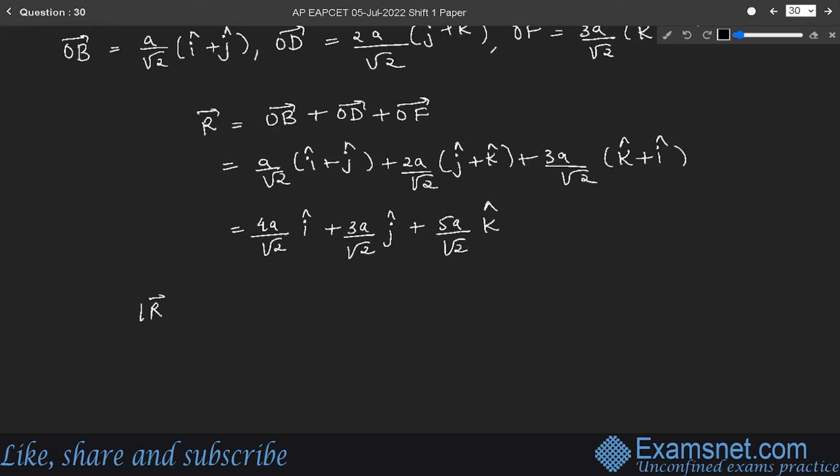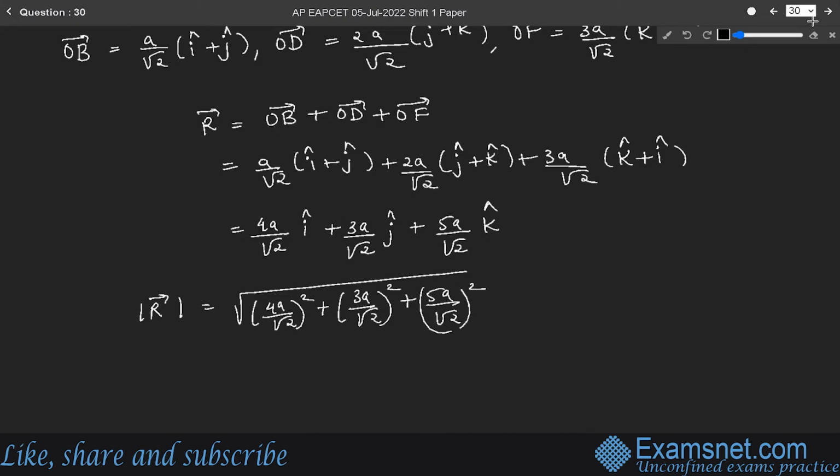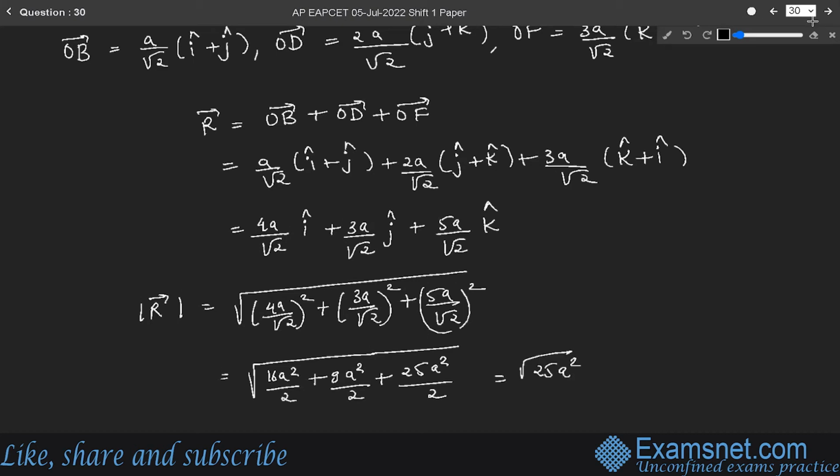Now the magnitude of resultant vector R will be equal to under root of (4A upon root 2) whole square plus (3A upon root 2) whole square plus (5A upon root 2) whole square, which will be equal to under root of 16A square divided by 2 plus 9A square divided by 2 plus 25A square divided by 2, which is equal to under root of 25A square, which gives 5A.